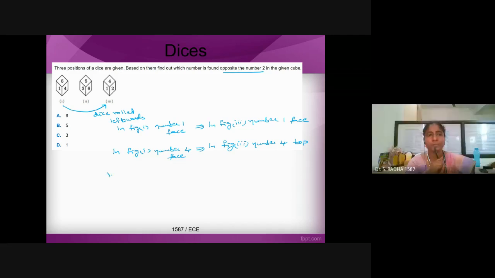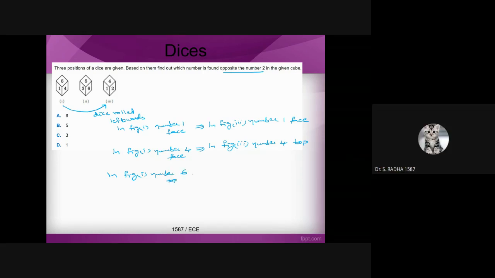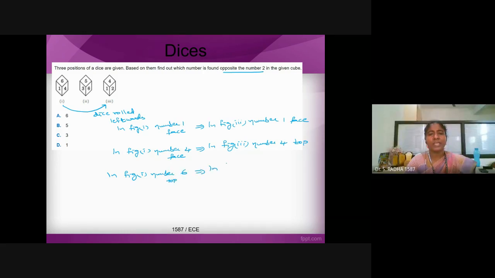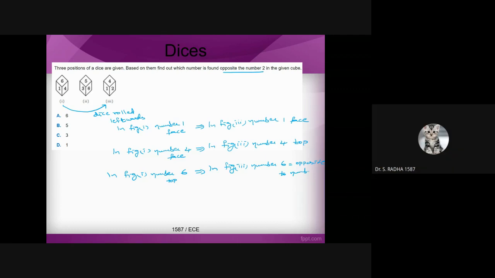In figure 1, number 6 is top, and when rolling leftward happens, in figure 3, number 6 is opposite to number 2.